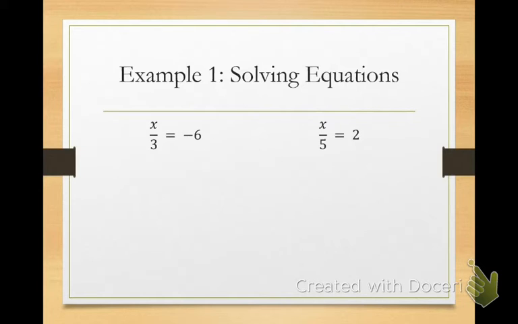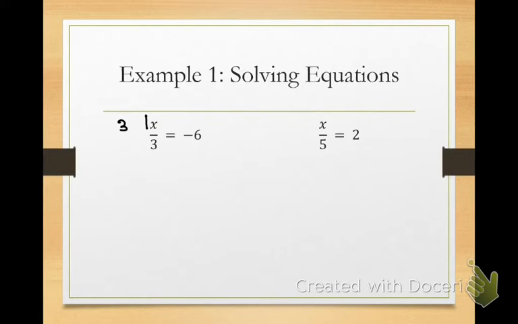All right, so I need to first ask myself, what operation is connected to my variable? Division. With division, what's the opposite of division? Multiplication. So here's where reciprocal is going to help us. Does everybody agree that an understood 1 goes in front of the x?